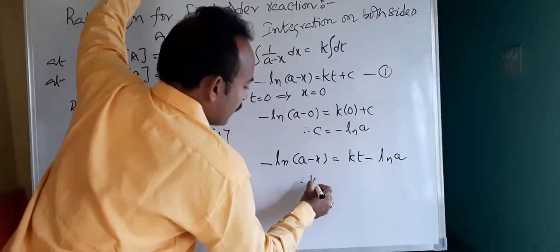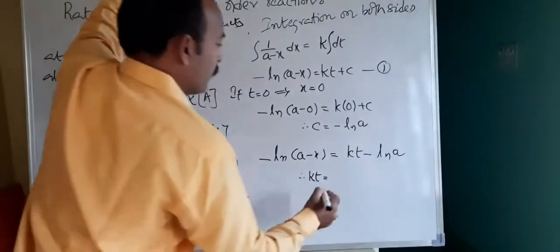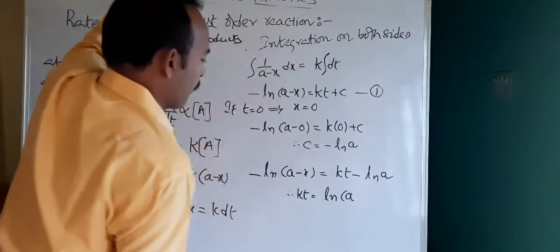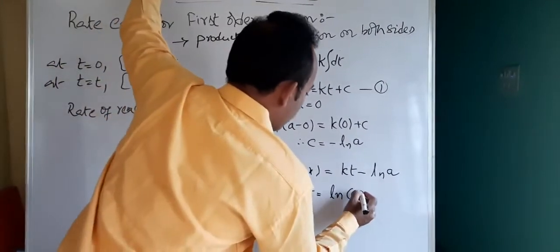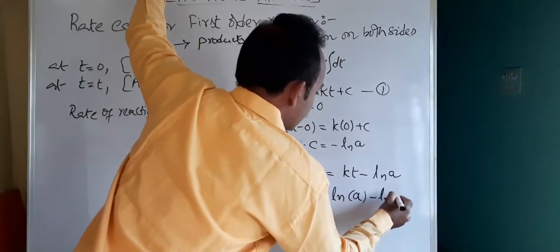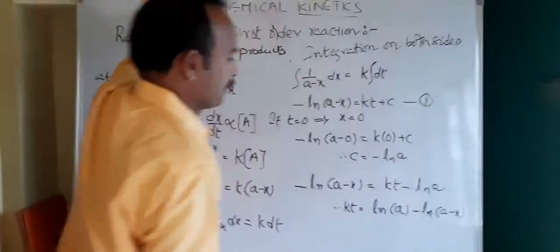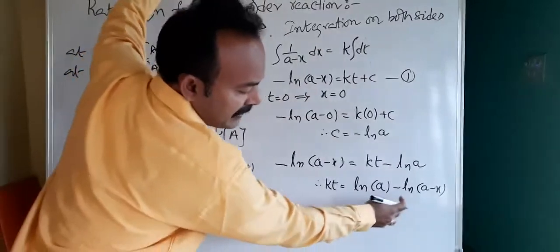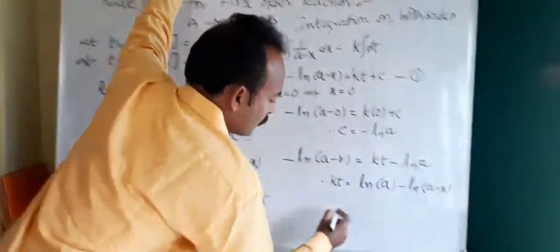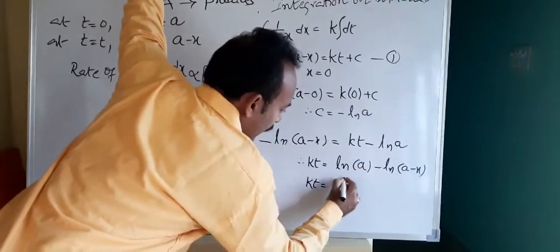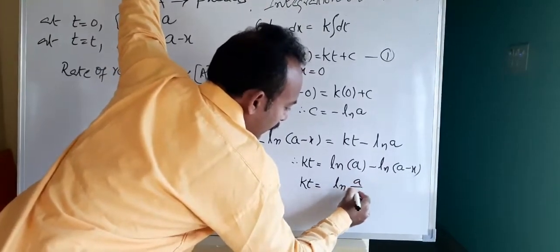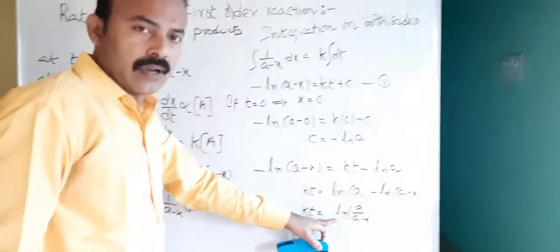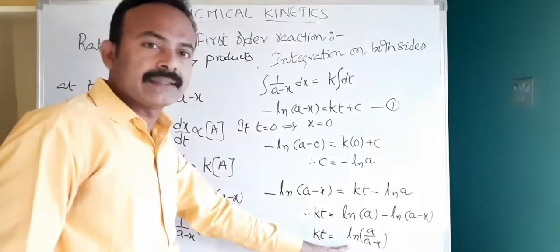Therefore, kt is equal to ln a minus ln (a minus x). This is ln A minus ln B, hence ln A by B. So kt is equal to ln a by (a minus x). ln is converted into log, hence multiply by 2.303.